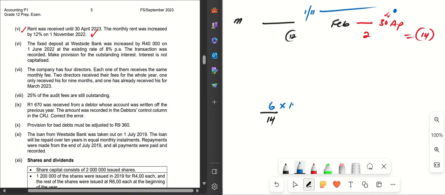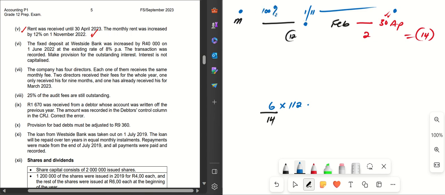Rent was 112. But for these months, from March until the end of October, rent was 100%.